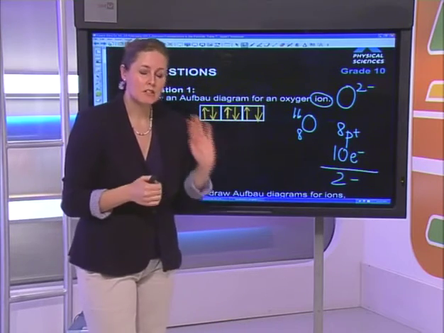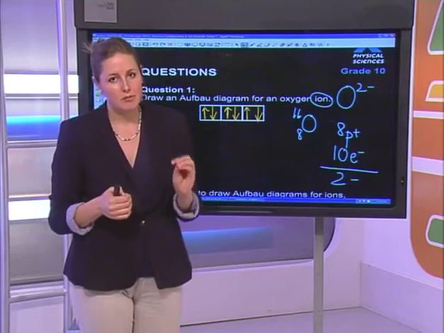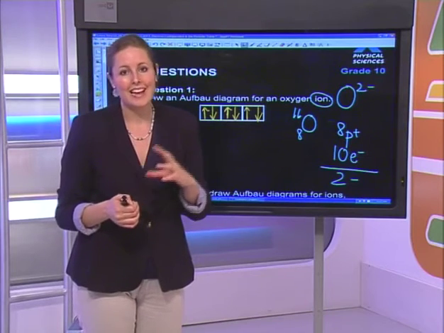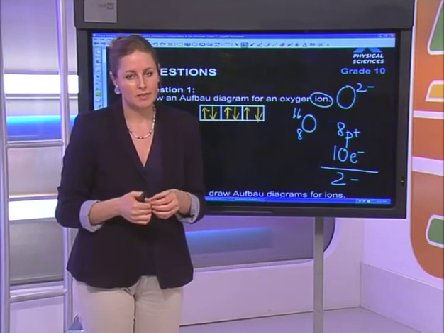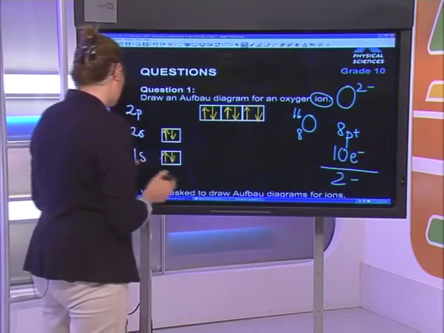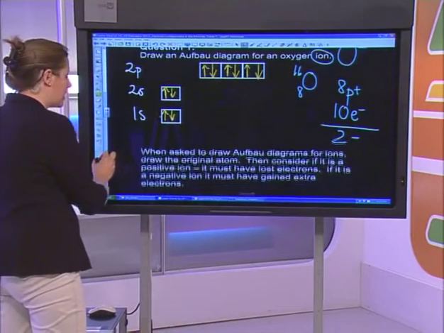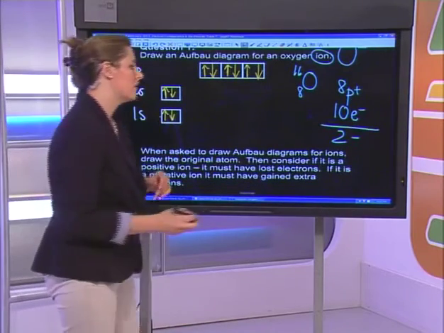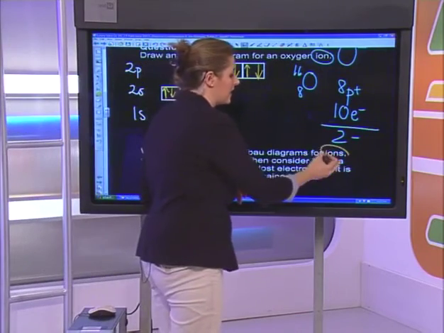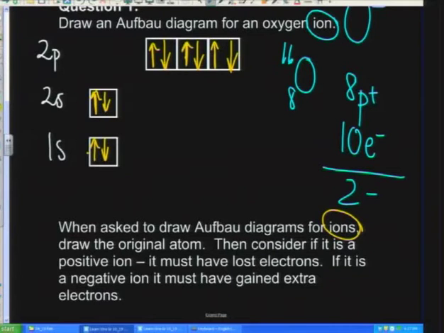You must be able to do these for ions as well as for atoms. And I would recommend to you, as you work through these, and I've made a quick note here, if you're asked to draw Aufbau diagrams or energy level diagrams for ions, draw the original atom, as I did. Then consider, if it's positive, it must have lost electrons, because it has fewer electrons than protons.